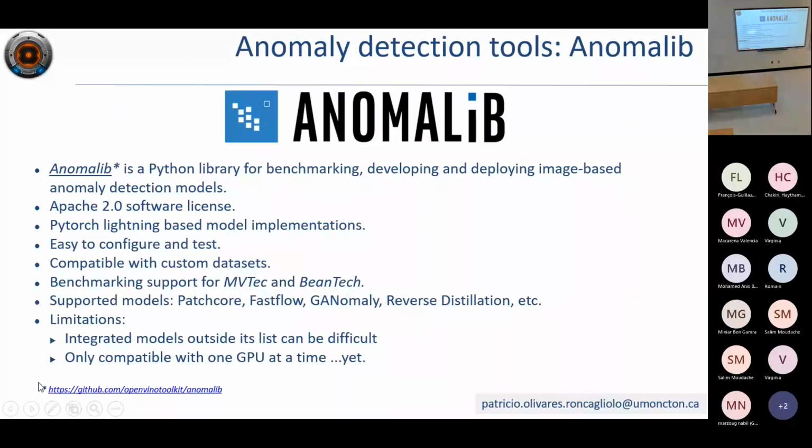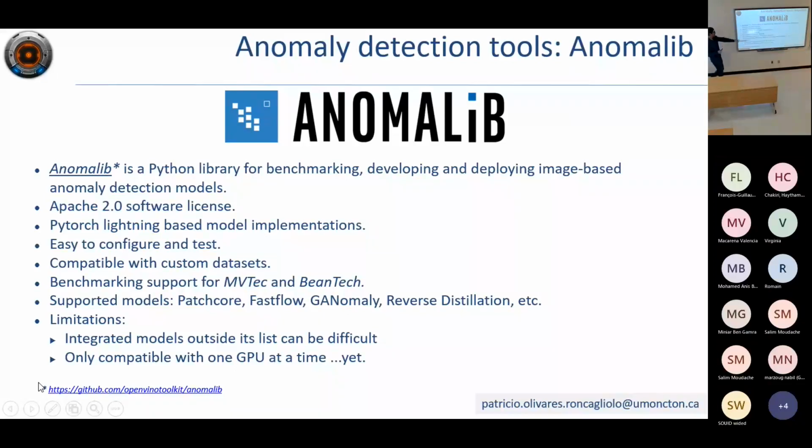Of course, if you want to try and create an anomaly detection model from scratch, you can. But I found this interesting library called Anomalib, and if any of you want to start understanding and testing how these anomaly detection models work, it's a very good tool to start with. Anomalib is a Python library used for benchmarking, developing, and even deploying anomaly detection models.